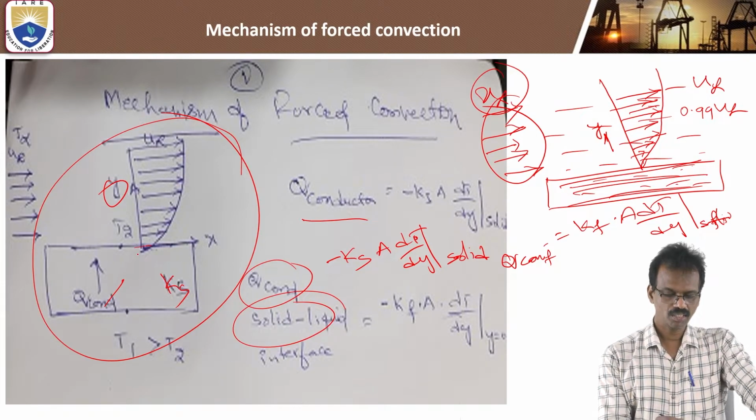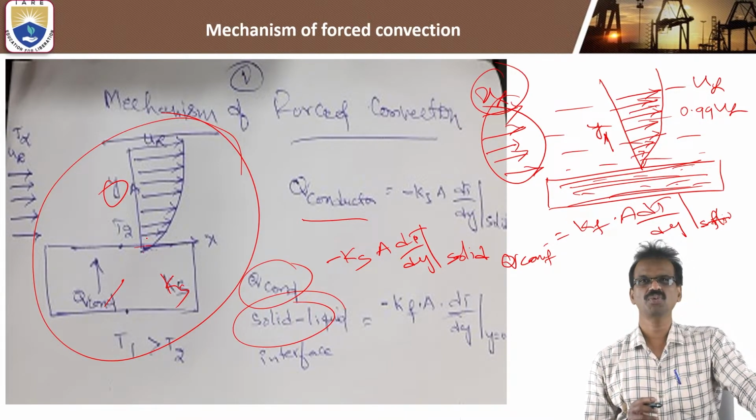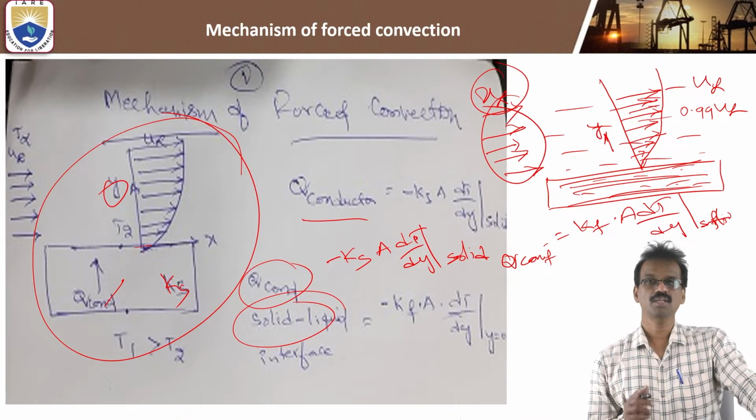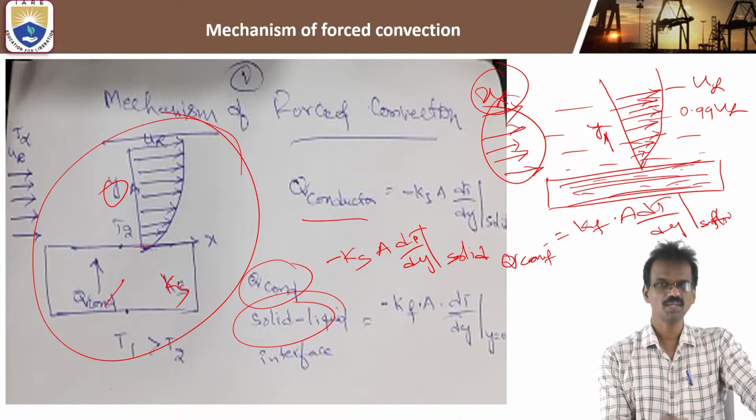Next, heat transfer from solid to liquid, which is the layer of the liquid very near to the solid surface. The layer of the fluid acts as a solid because there is no movement of the particles.